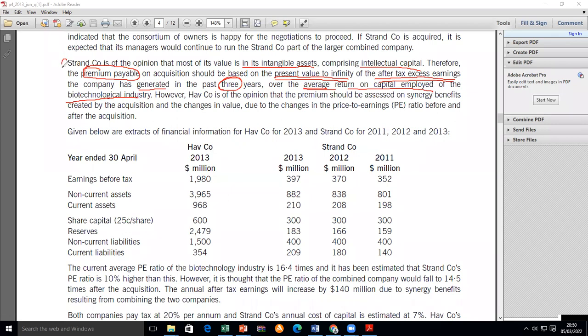So this is one opinion: the present value of the excess earnings. Now, if you notice this method, although they're not mentioning it, that's what we called the excess value, the present value to infinity of the after-tax excess earnings.